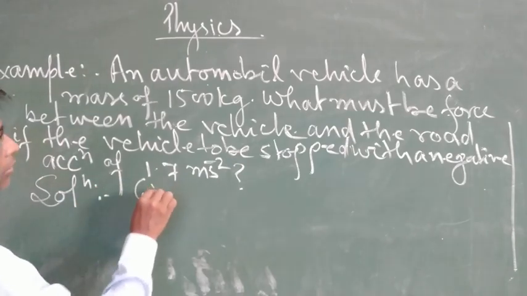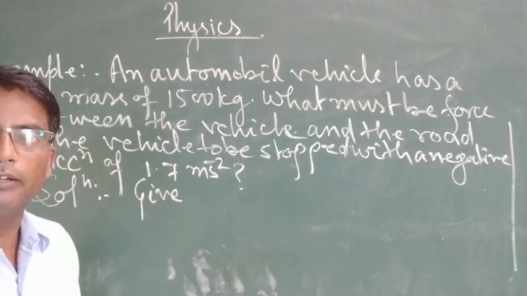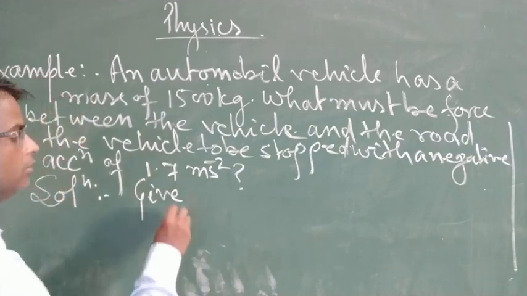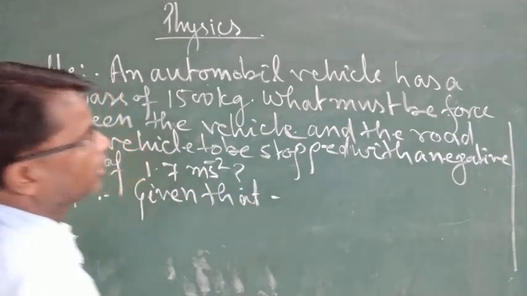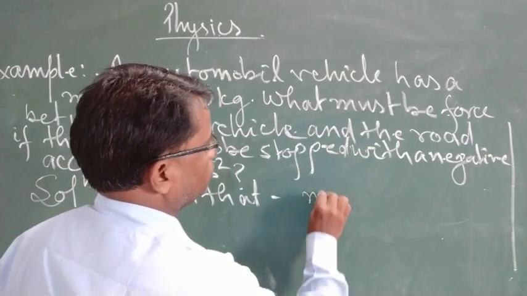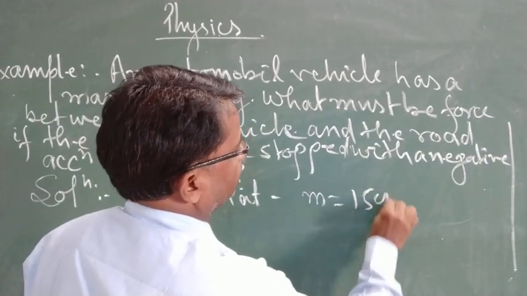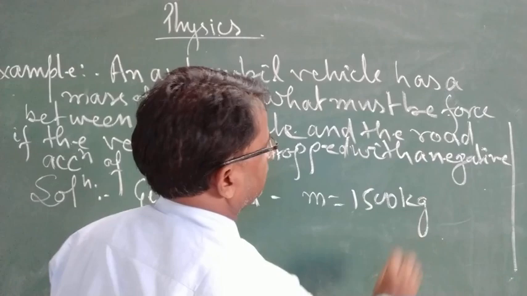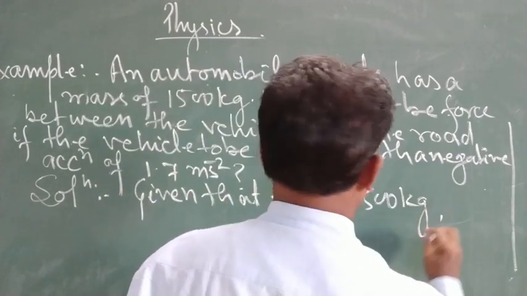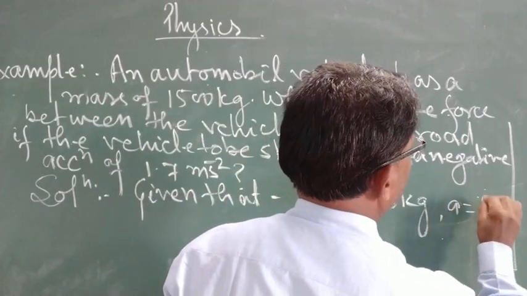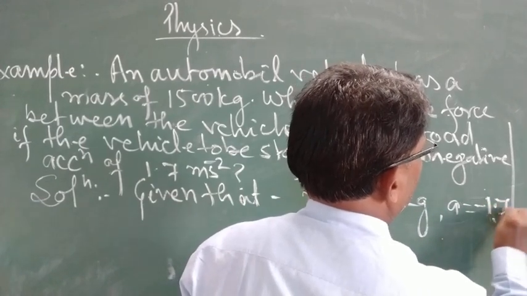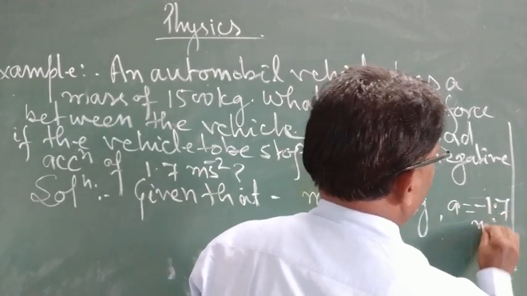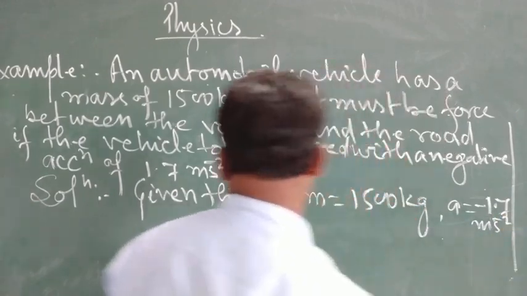Given that, first you will write what information is given in this question. Given that, m is equal to 1500 kilogram and a is equal to minus 1.7 meter per second square.